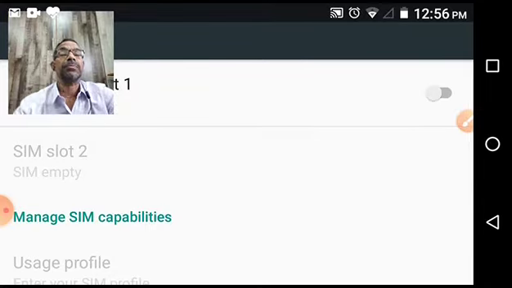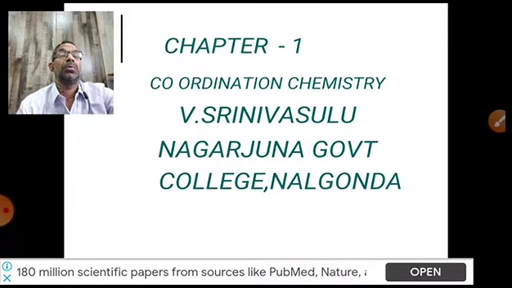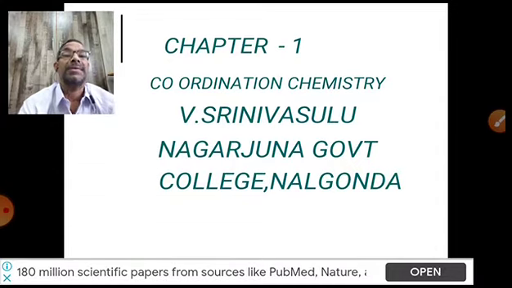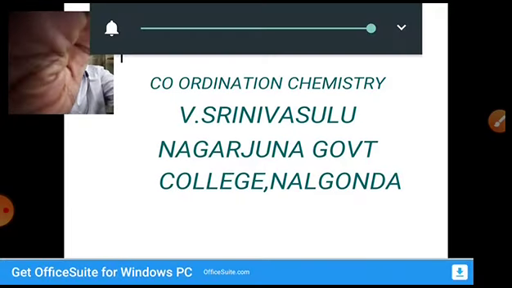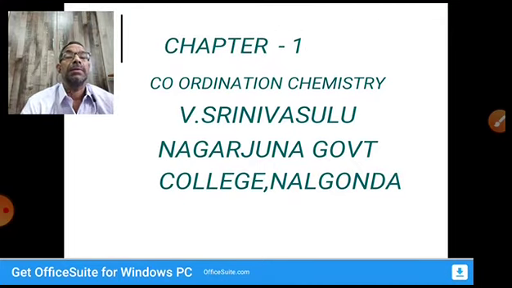What are coordination complexes, what is a complex cation, what is a complex anion, what is a central metal atom, what are ligands, how they are classified, including monodentate, bidentate, polydentate, chelating ligands, and ambidentate ligands. All these terms we discussed.